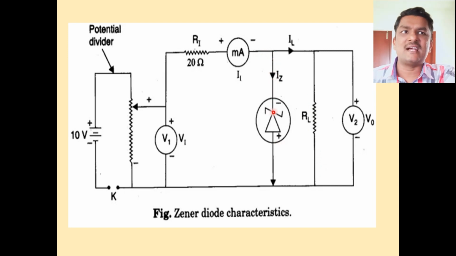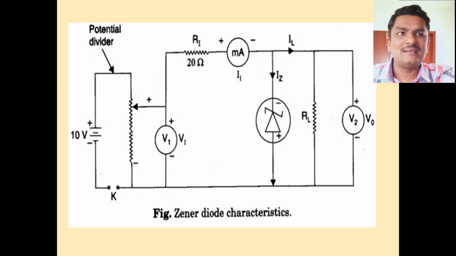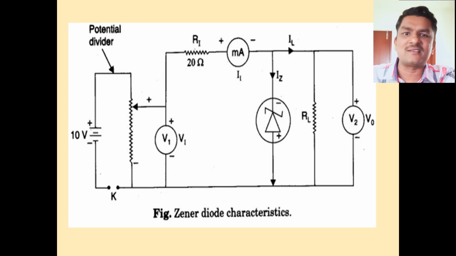IZ is the current passing through the Zener diode. Got it? Okay. So VI, II and RI, RL, VZ, IZ, IL, V output. These are the parameters involved in the Zener diode acting as a voltage regulator.